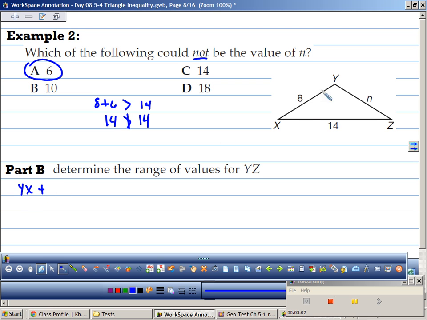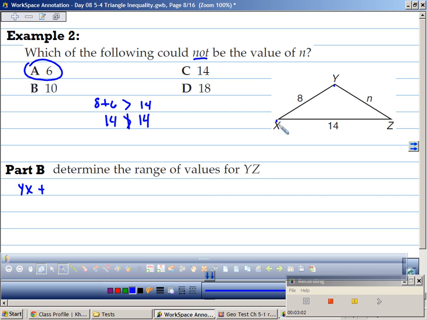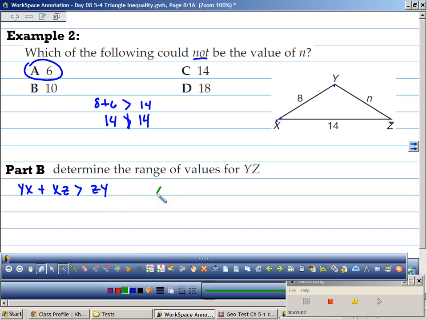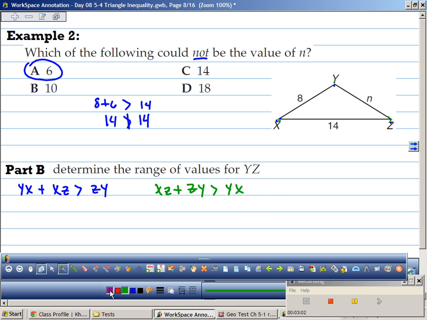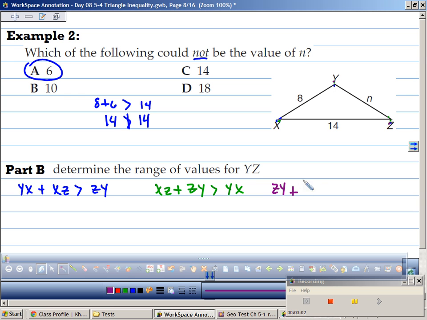YX plus XZ has to be larger than ZY, and XZ plus ZY has to be larger than YX, and finally ZY plus YX has to be larger than XZ.